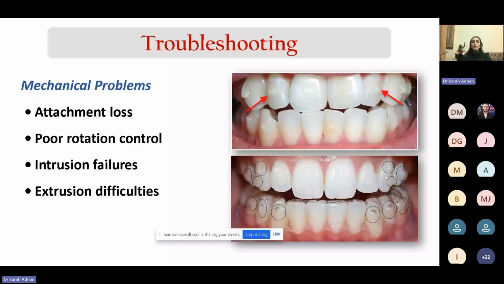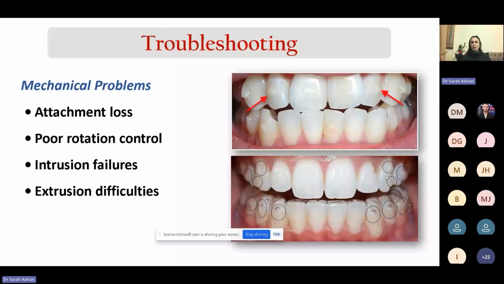Aligners in general are very good in intrusion tooth movement, but they are weak in extrusion movement. However, if there is a difficulty in intrusion and you cannot gain adequate intrusion, even though you are sure of the patient compliance and the attachment design, you can use studs and elastics to do intrusion tooth movement.